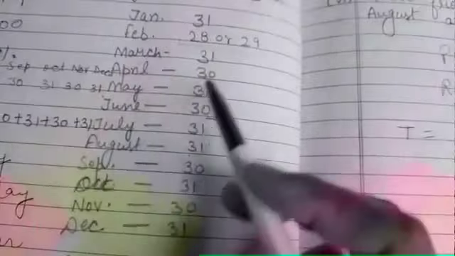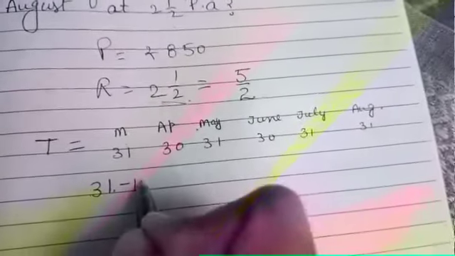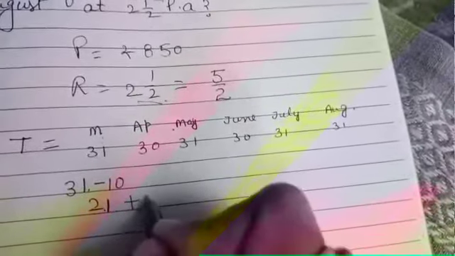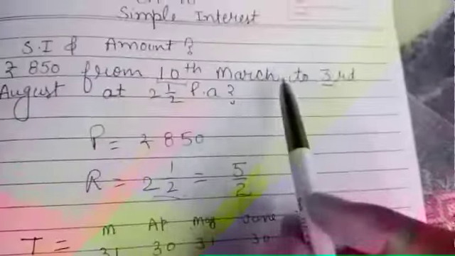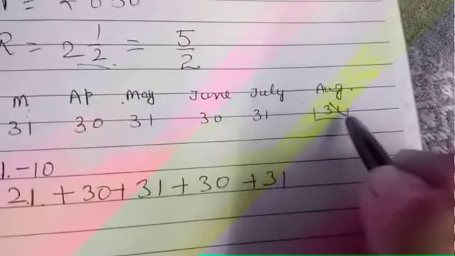Firstly write the months. Now I have written the name of each month and its days, that I told you in the previous video, how many days are in each month, right? So in March, he said started from the 10th March, so we will subtract 10 from 31, you will get 21, so we will take 21 days of March, and for the other months we will add 30 plus 31 plus 30 plus 31, and in August he said up to 3rd August, means we will take only the first 3 days of August, not 31 days, and that we will add.